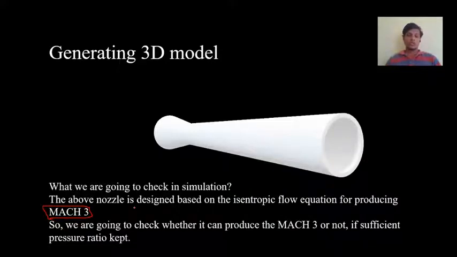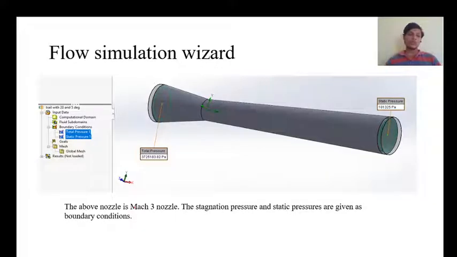The boundary conditions can all be taken from the MATLAB graphical user interface outputs, and those conditions will be given as the boundary conditions to the SolidWorks flow simulation. These are the outputs. We have given the ambient pressure or static pressure as 101,325 in previous slides.